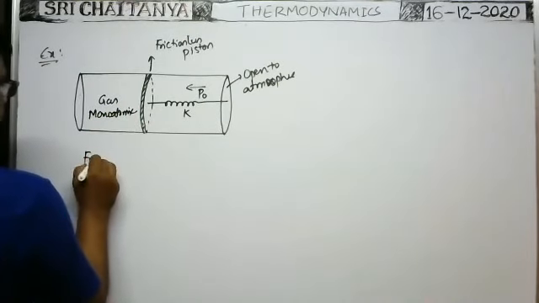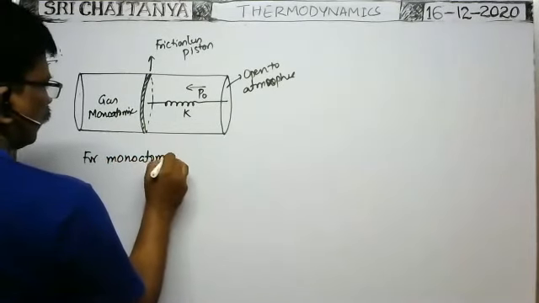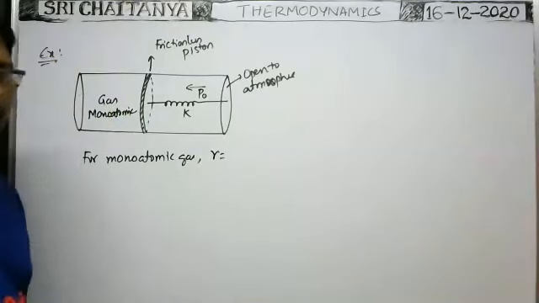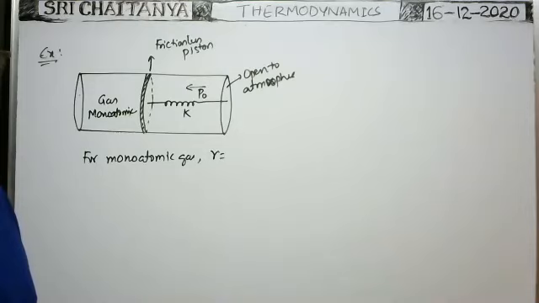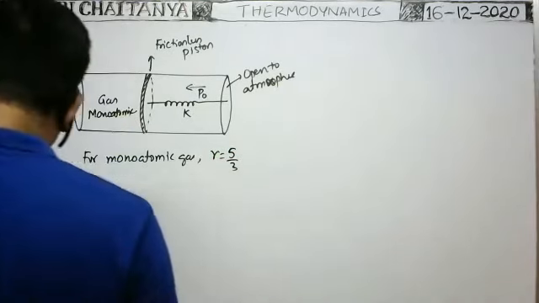For monoatomic gas, what is the gamma value? It is 5/3. So the gamma value is also given.